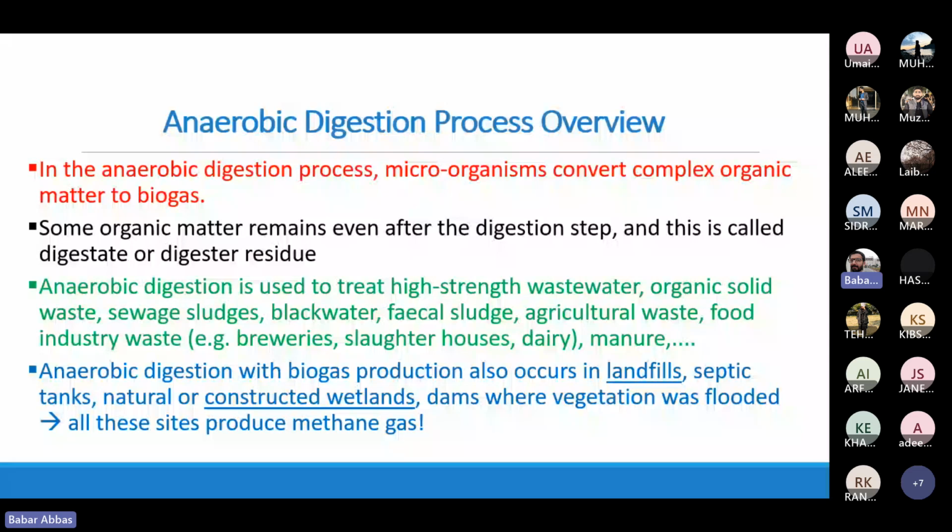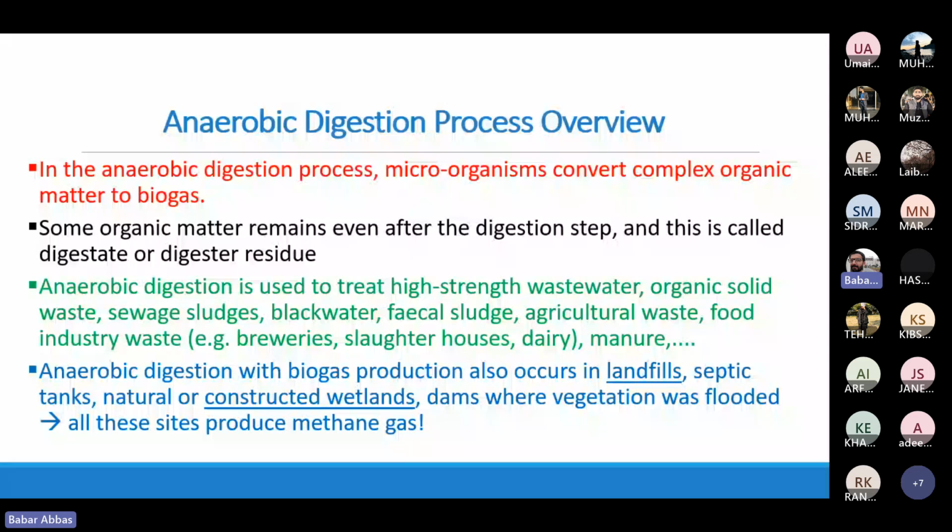So we come to know that anaerobic digestion is happening on its own at different sites. For example, landfill. We have put our waste into the landfill. We have covered the waste from the bottom and the top, and the thing has been made an anaerobic digester.